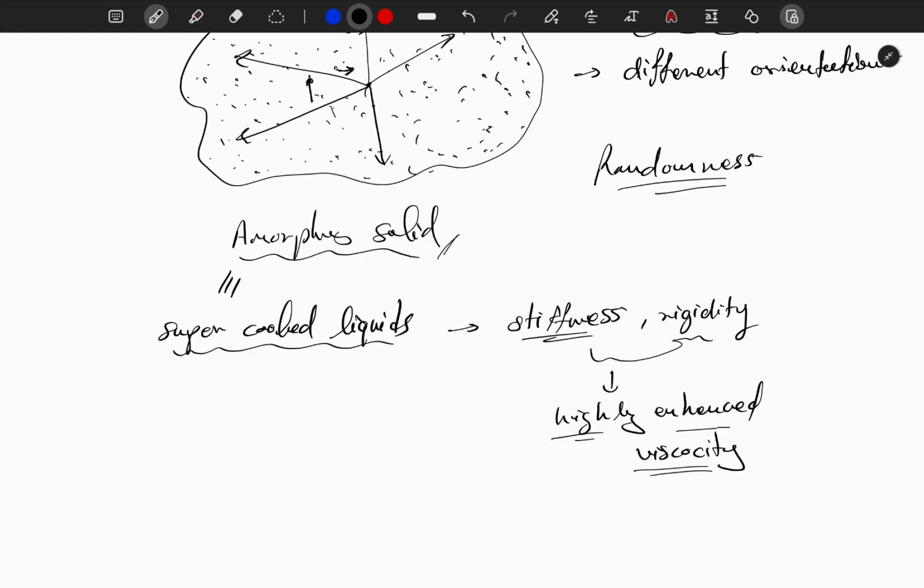That's why such solids remain fixed in their position, while in liquids the atoms are free to roam all over the volume. So the atoms in super cooled liquids, also called amorphous solids, remain at their fixed positions due to the highly enhanced viscosity of these materials.